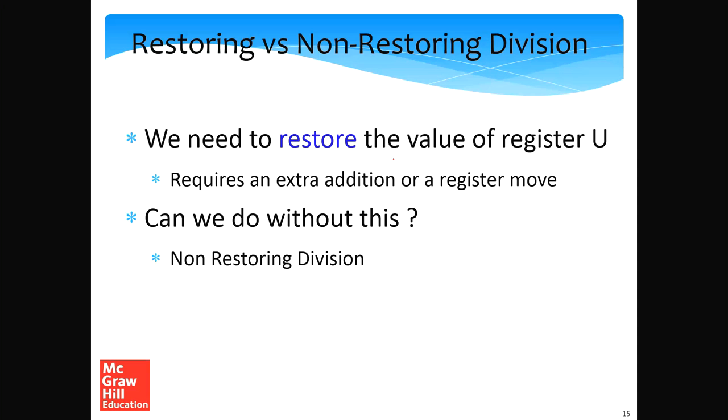This requires either an extra addition, or another approach can be that we copy the register u to a temporary location. We will then do a subtraction and then move the values back in. In any case, it's some amount of work. So can we just avoid this? To avoid this, we do something called non-restoring division.